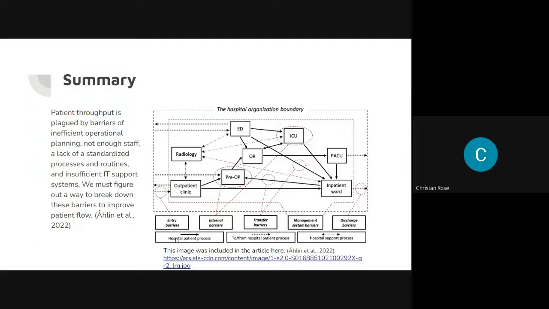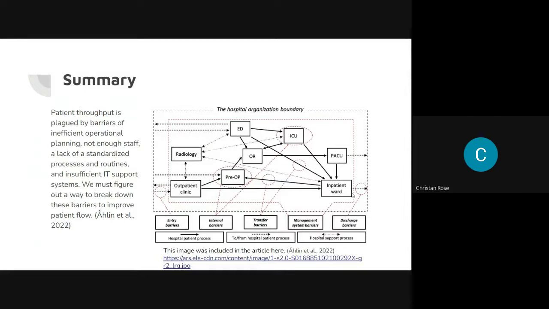So we've got entry barriers. So we've got some barriers for patients coming from the outpatient clinic. We've got barriers in pre-op, internal barriers within each unit or area the patient may be. There are transfer barriers, so barriers in between places. There are management system barriers that really encompass everything.